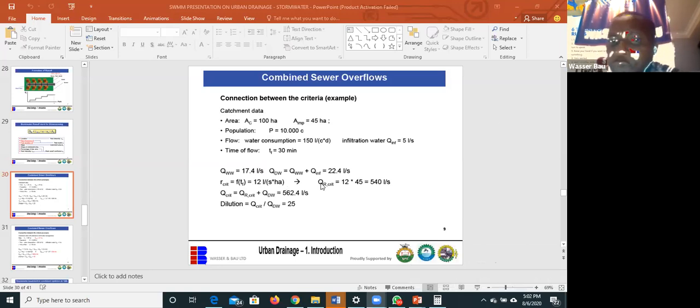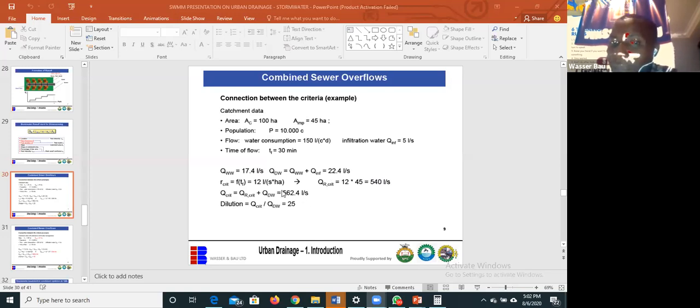And then if you convert this very well, you will be having 12 times 45. You cannot say 12 times 100. Rather, it is 12 times 45 because 45 is the effective area after you apply the peak runoff coefficient, and it gives 540. Then if you are to do a combined system, you add them up together.